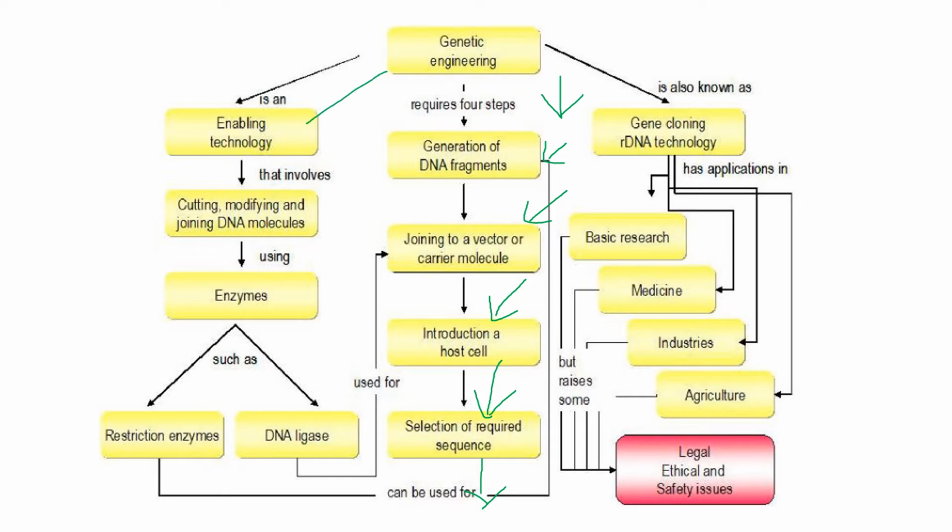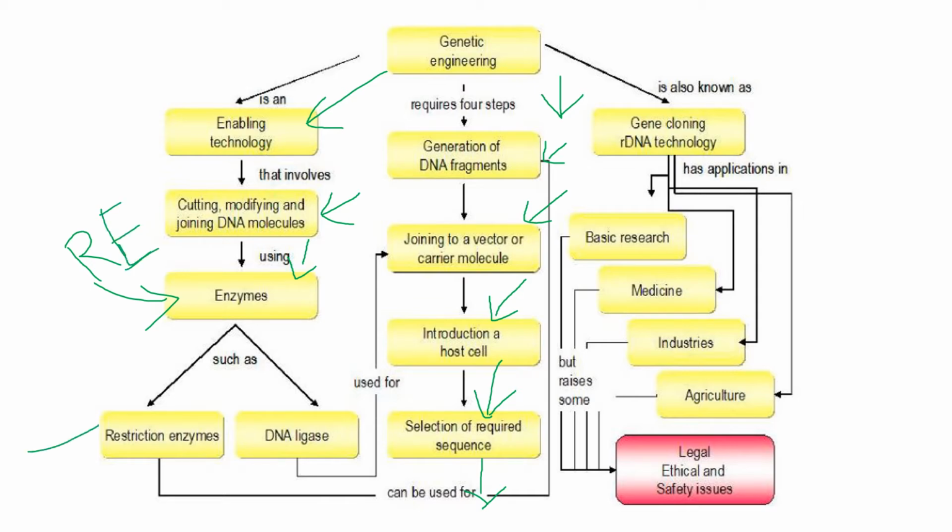It's an enabling technology which involves cutting, modifying and joining DNA molecules. So it is nothing but, in computer language, cut, copy, paste. But here the cutting requires certain types of enzymes. We cannot cut the DNA simply using a scissor. We need a different kind of molecular scissors known as restriction enzymes, which have the power to cut the DNA at particular sequences.